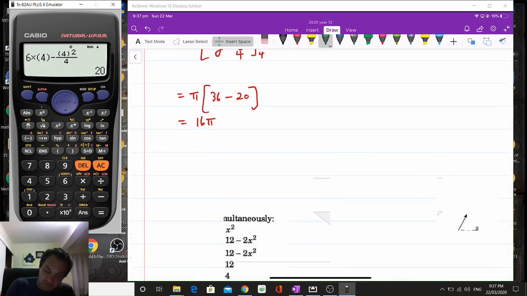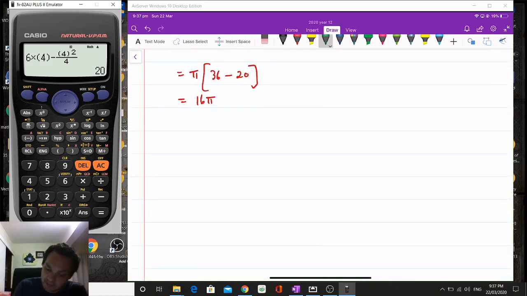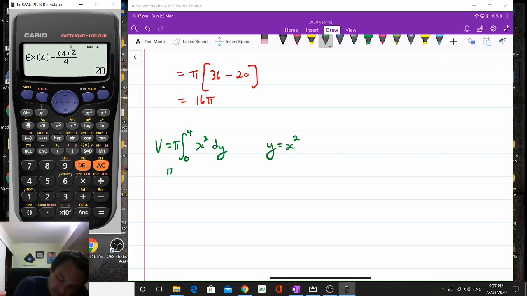you can see I've got the answers down there from the HSC, but we won't do that. The green part's volume is pi by the integral between 0 and 4 of x squared dy, and when y is equal to x squared we can just replace that with pi by the integral between 0 and 4 of y dy.